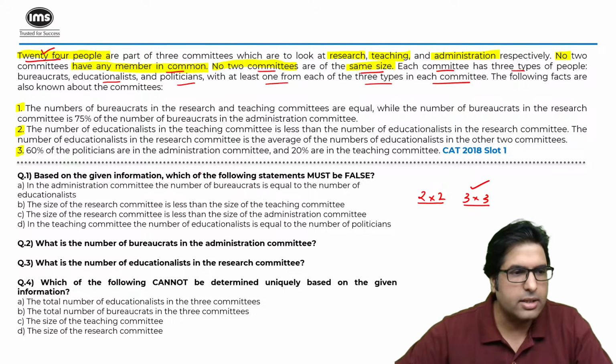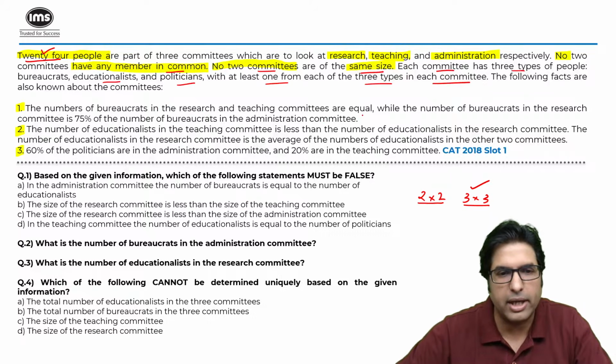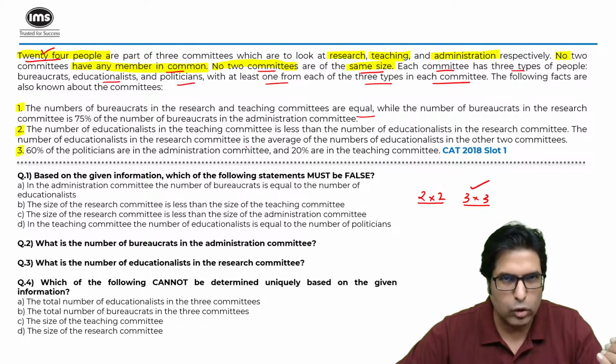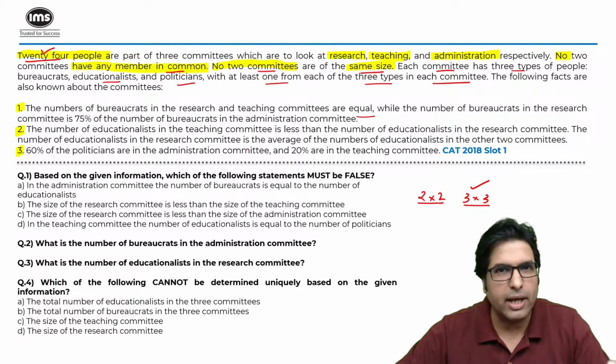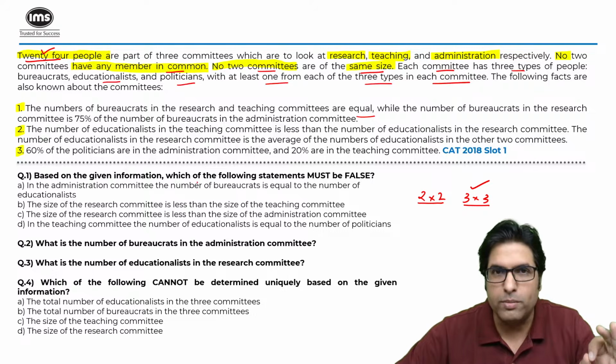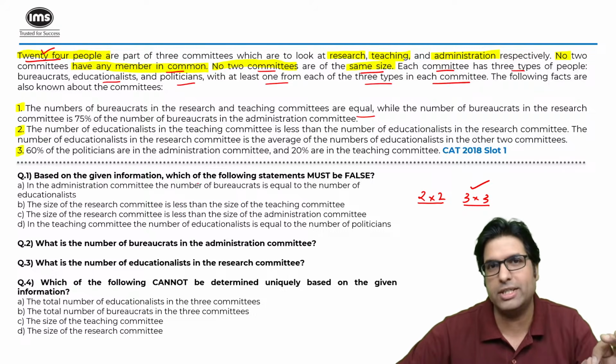And then there are certain extra clues, that the number of bureaucrats in the research and teaching committees are equal. So we can put those values as equal and then take it from there. We're going to spend more time on clues later on, but at least the structure is clear. A very important part of your preparation for DILR and a part of your exam taking strategy for DILR is to be very, very particular and observant with regards to the questions that you see.